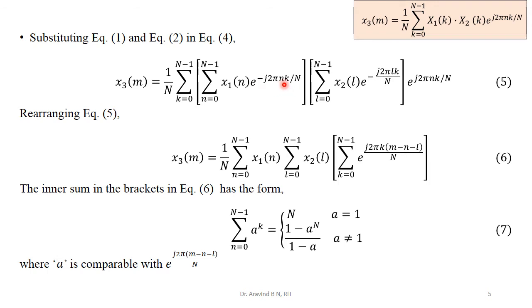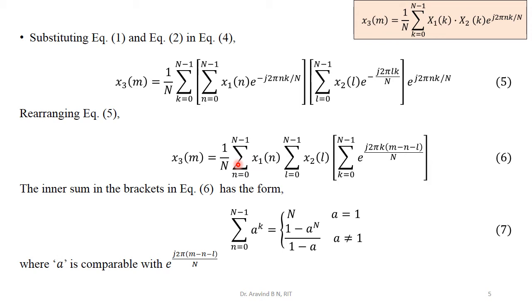Only the notation n, m or l is different. So we combine them and write e to the power of j2 pi k, taking the common factor. m is taken from this one, then minus l, so a negative sign is present here, then n taken here and minus l, so a negative sign present here, and l written over here. Take care that this exponential is applicable to all three summations.